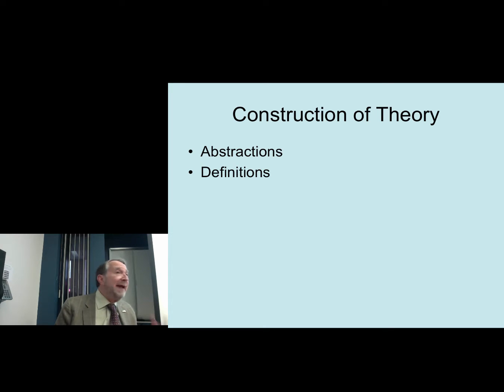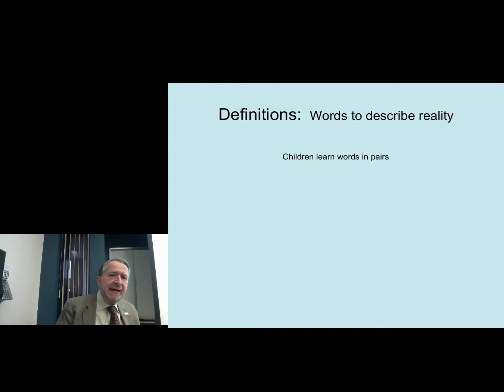And we basically make up words to describe the things that we're talking about, the things that we're seeing. Definitions are the key to understanding any theory or any field of study. And it's interesting to think about when children first learn language, they learn words in pairs. So something is this or it's that.